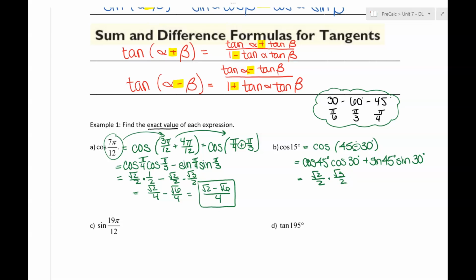And then we get plus rad 2 over 2 for the sine of 45 times 1/2, which is the sine of 30. We get the square root of 6 over 4, just multiplying across, plus the square root of 2 over 4. Because they have the same denominator, we can combine numerators into one fraction, and that's our exact value. Nice job.